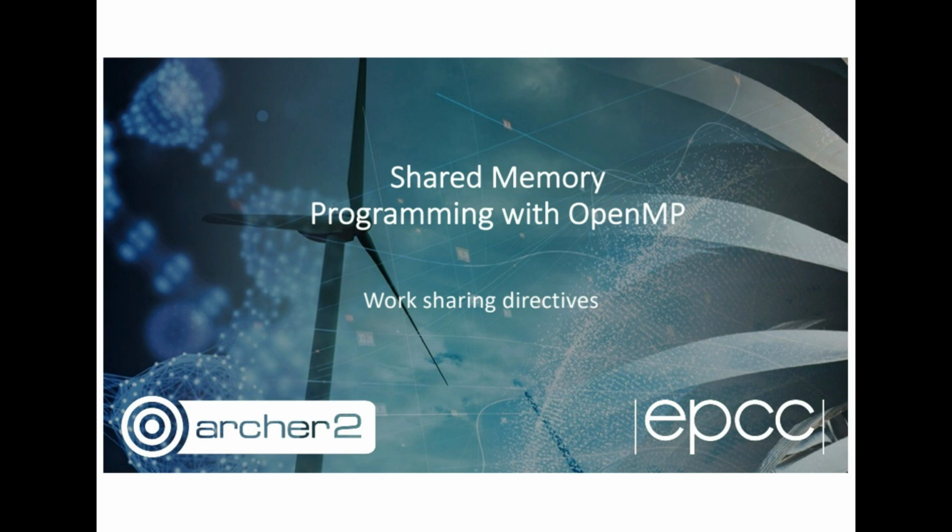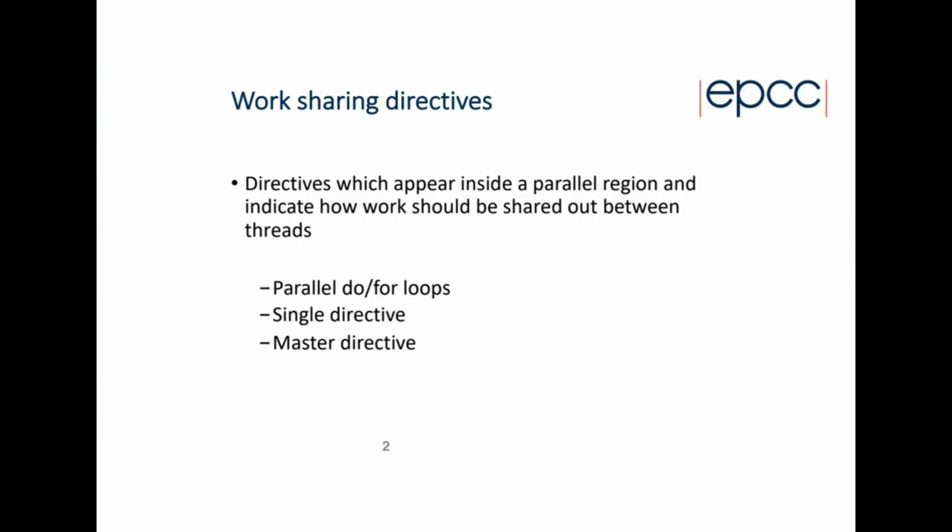Great, welcome back everybody. So now we're going to look at work sharing directives. What we've seen so far with using parallel regions is that it's possible to do stuff sensibly, but it's all a little bit awkward.